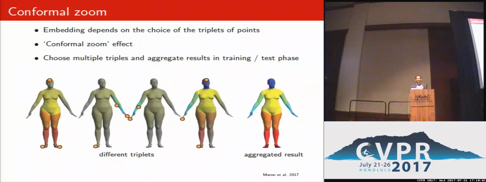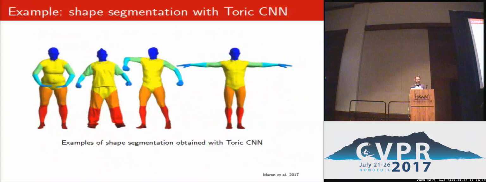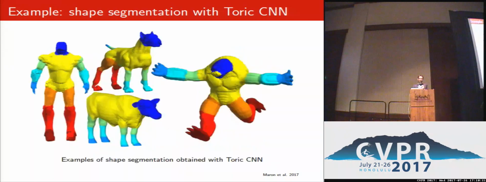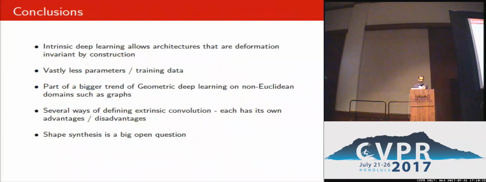Probably a smarter way of doing it would be some kind of spatial transformer network, where you basically optimize for the best position of these triplets of points inside the network itself, like spatial transformer networks do. Okay, and it produces pretty nice results in shape segmentation. I'm not sure that it's comparable to the results that we've seen before, but I think it's a nice animal in this zoo of intrinsic convolutional neural networks on manifolds.